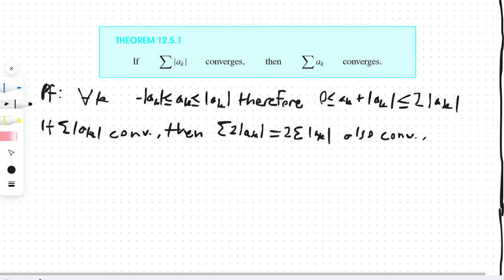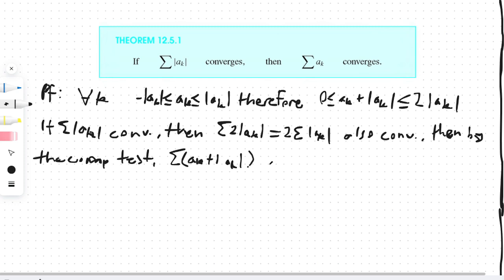Then by the comparison test, since we've satisfied all of the prerequisites for using it, we can say that the series of a_k plus absolute value of a_k is going to converge.